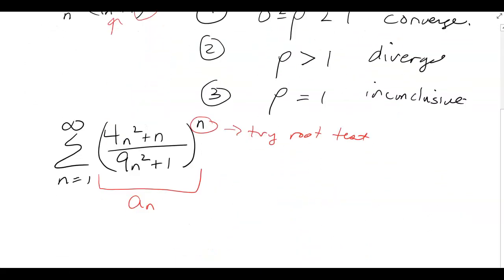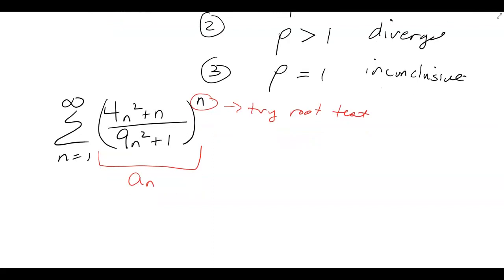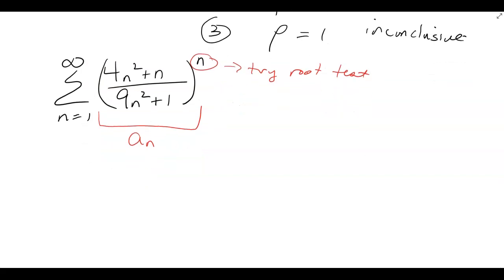Well, what happens when you take the nth root of that? The nth root cancels the nth power, right? So I'll write it out for this one. Let's do it.